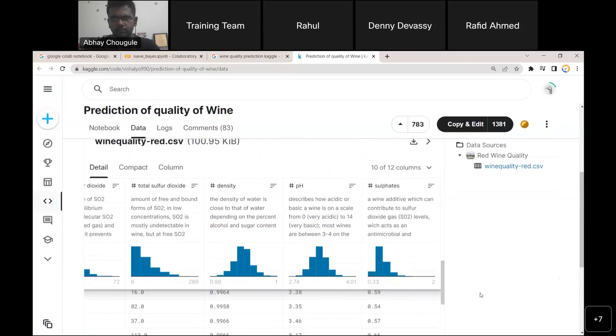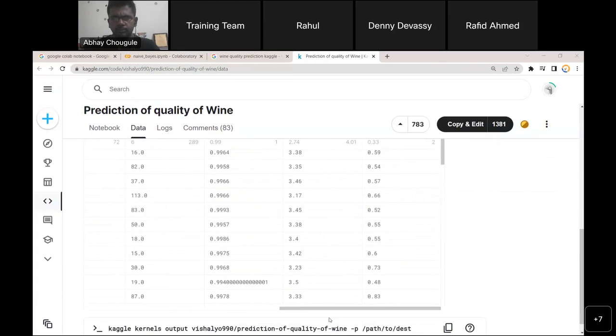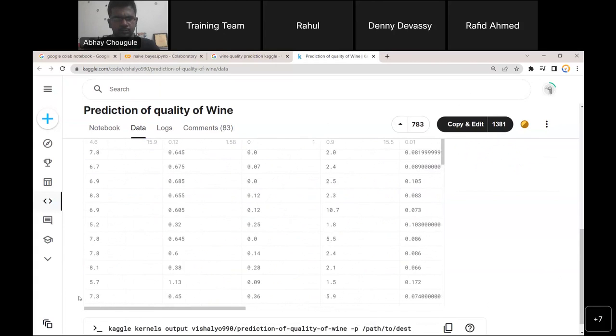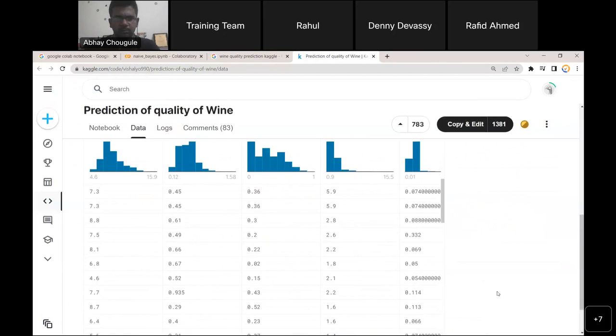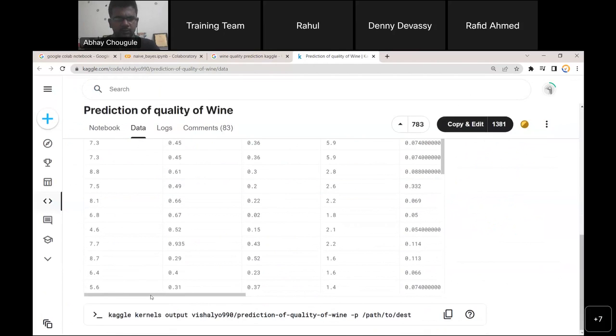Or this is also correct because this looks like continuous data. You can pass into the first type.